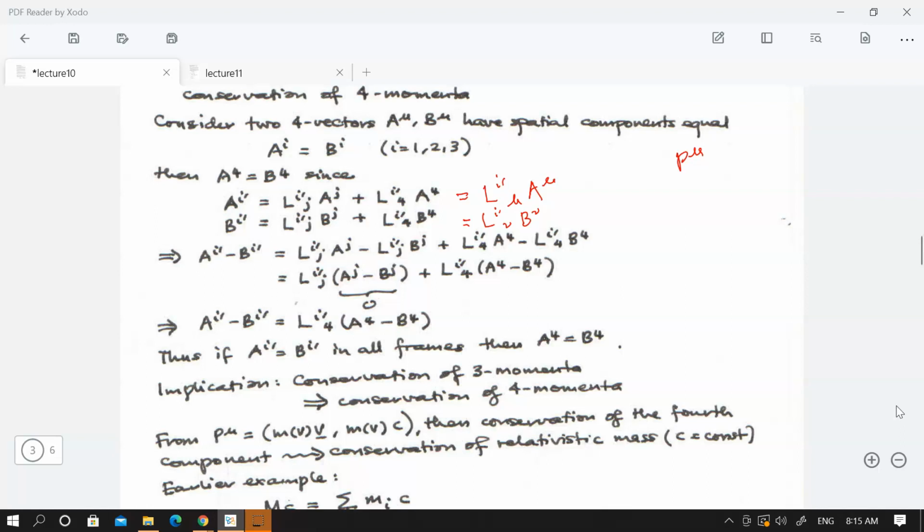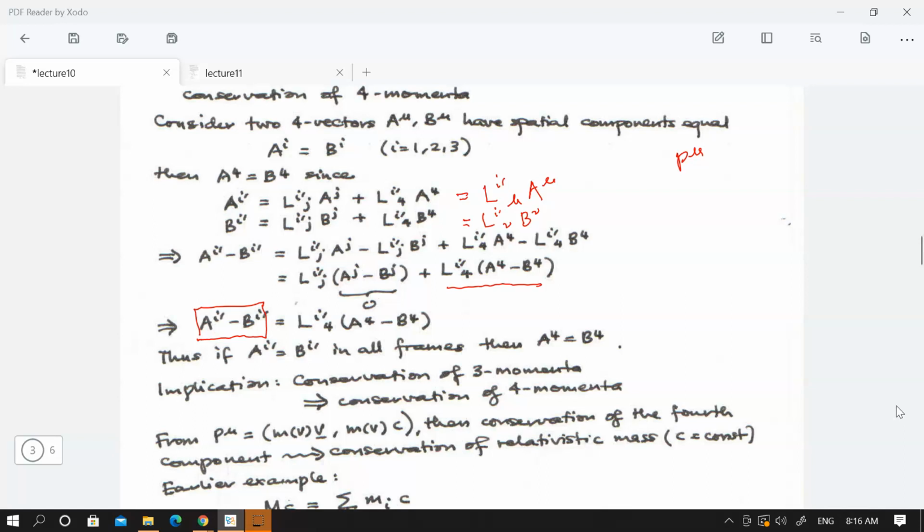And then that's going to be 0, and we are left with this term. And if you make the assumption that the spatial components are also equal in other frames, so initially we had the one frame first, and then you impose again the condition in all frames, then what's going to happen?